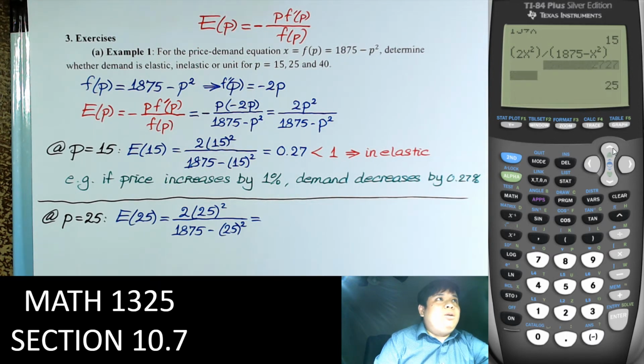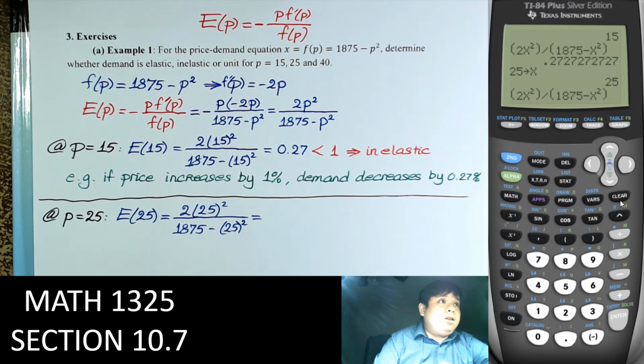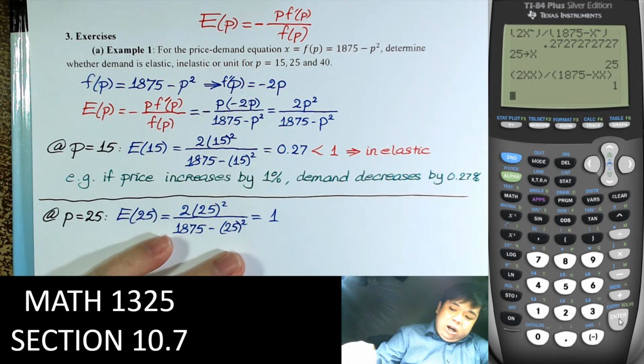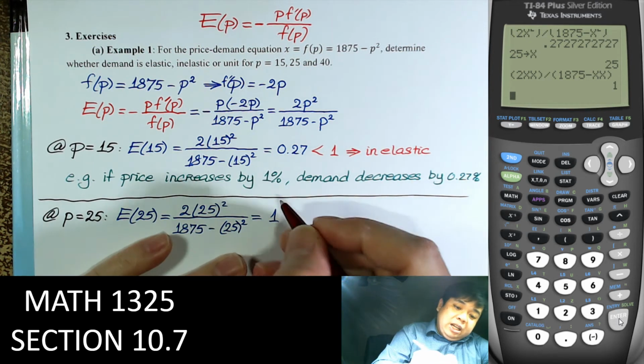And then I just go up there, highlight, copy and paste, or we enter the same function again. 2x squared divided by 1875 minus x squared. Of course, x squared we can just say x times x, which is the same as x squared. Alright, we have 1. And if it is equal to 1, that is the unit elasticity.